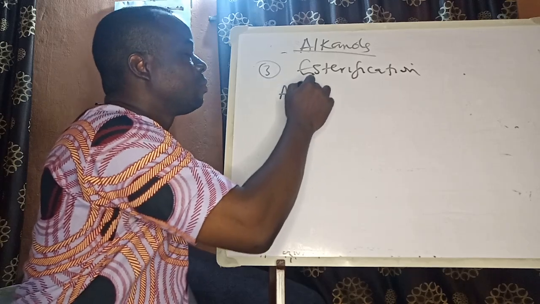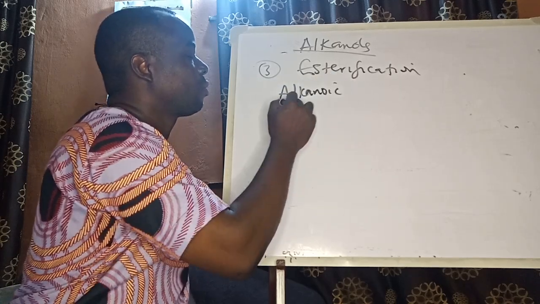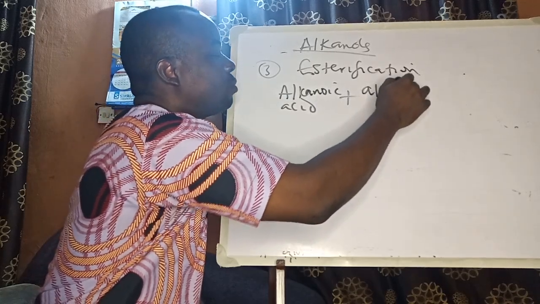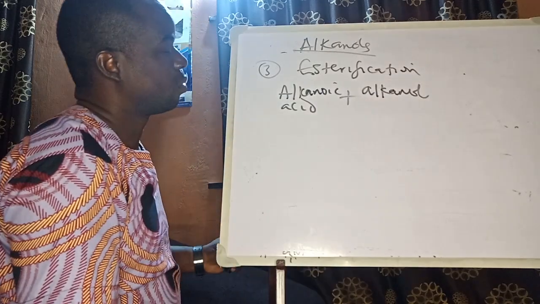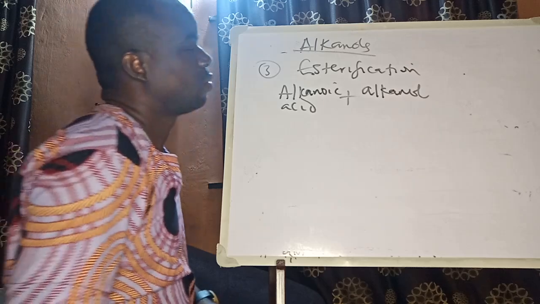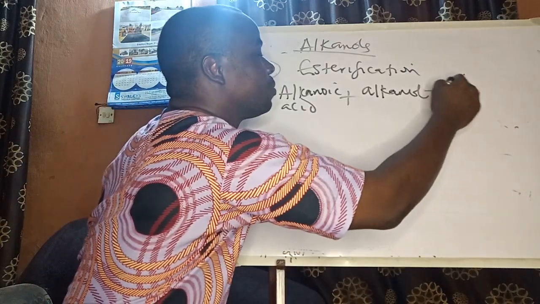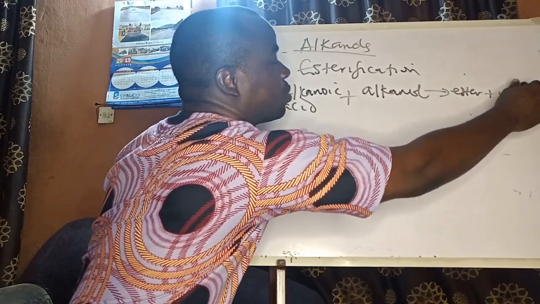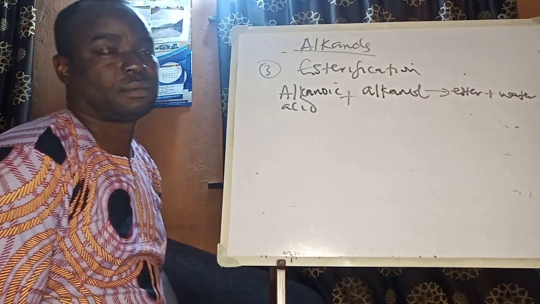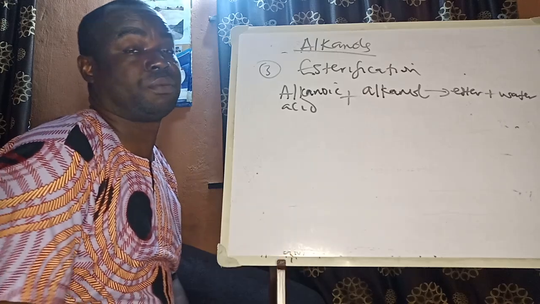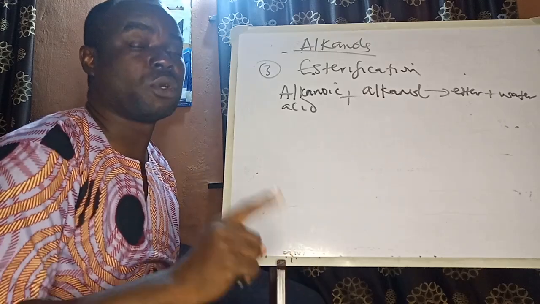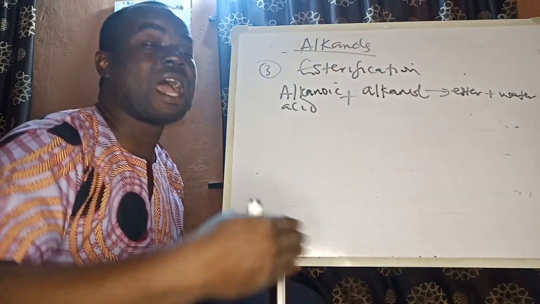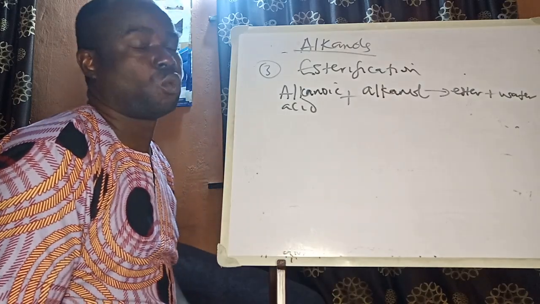Alkanoic acid plus alkanol to give us ester plus water. That's the formula for esterification. Alkanoic acid plus alkanol to give us ester or alkanoate plus water.